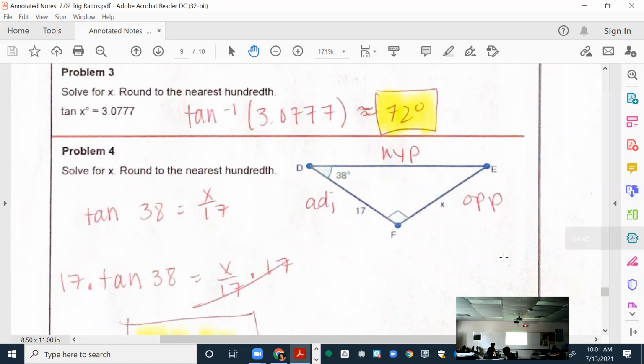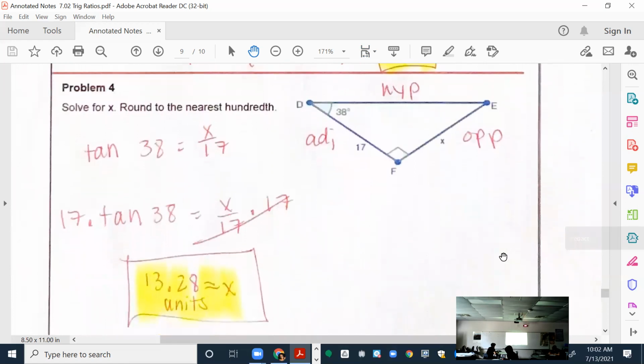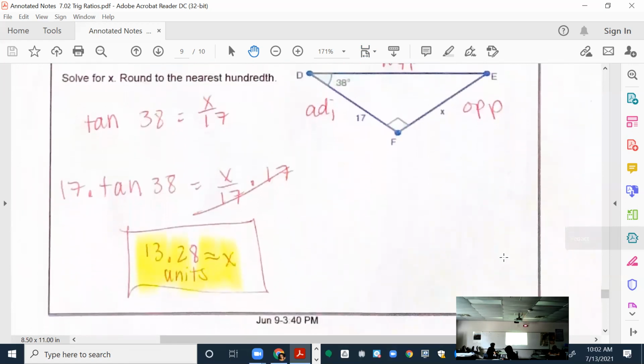Solve for x. Since x is in the numerator, you can just solve it by multiplying the denominator on each side. So by multiplying by 17 on each side, you get the x by itself. Type that into your calculator, and it's about 13.28.